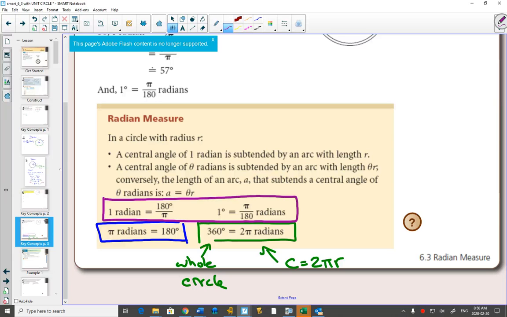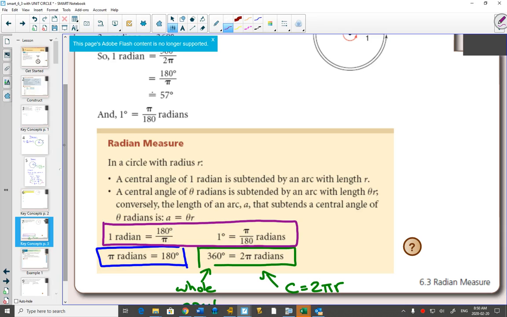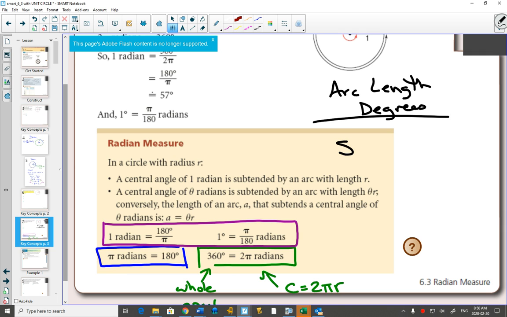Now to connect stuff that we did yesterday or the other day, we had calculated our arc length in degrees. We wrote this down earlier today. That is just a proportion of the circumference.